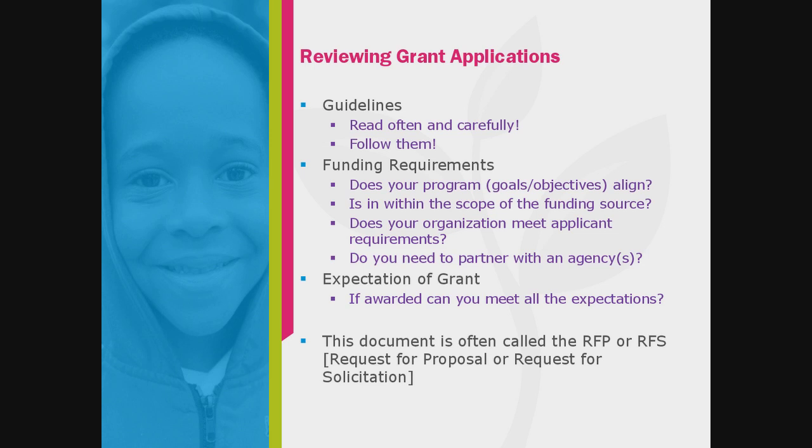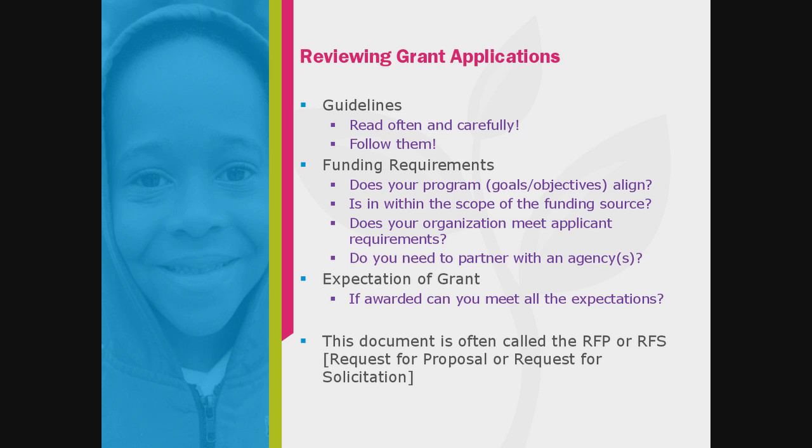Within the guidelines, there will be information about font size, margins, number of pages, word limits, how the application must be submitted, and whether there are additional forms that need to be filled out. Pay attention to that information. That's really important. The guidelines will also break down what should be included in the proposal and what questions to answer. Following the guidelines is key to making sure your application is read and not thrown out or disqualified.